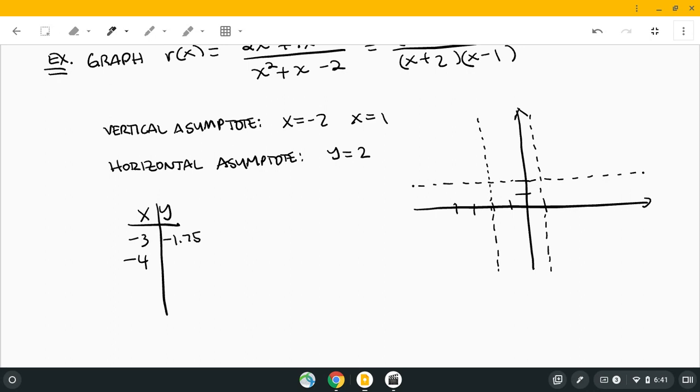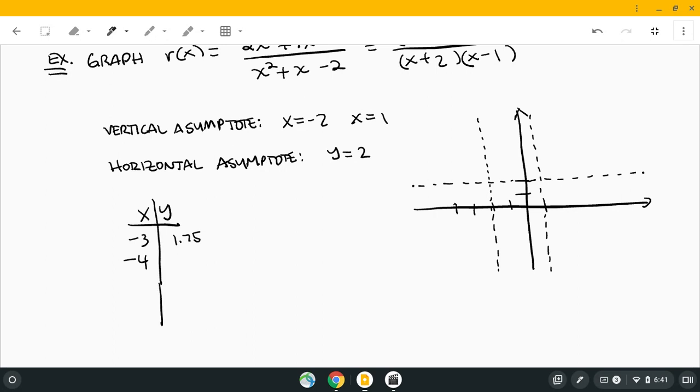Okay, so actually positive 1.75. Oh, no, that was right. Okay. Oops, sorry about that. My drawing is really bad over here in my notes.